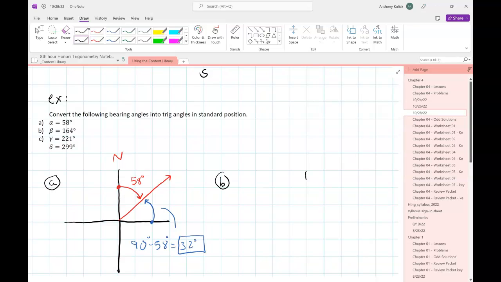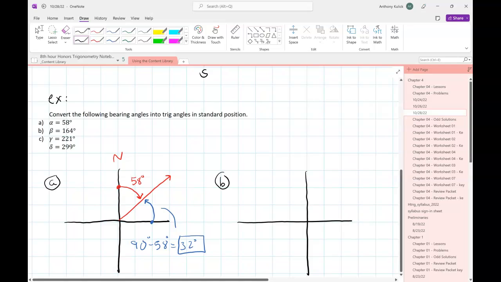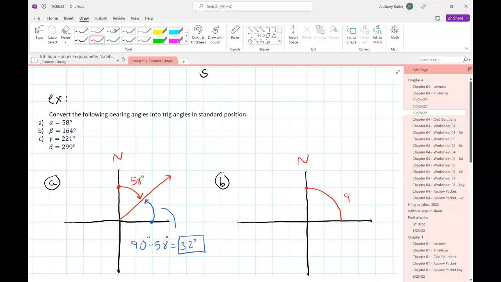Let's do B. Starting at north, 164. So rotate clockwise, that's 90 degrees to here, and then 74 more to get me to 164.